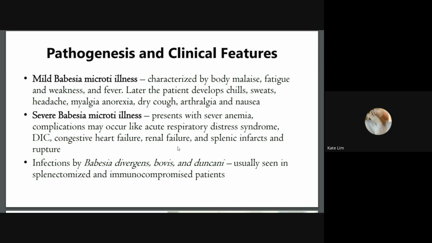Unlike malaria, where you could see schizonts and gametocytes in your PBS, for babesiosis none are observed. Diagnosis of babesiosis relies heavily on blood smears, PCR, and serology. For patients with asymptomatic babesiosis, the confirmatory test will always be serological and PCR, or molecular level.